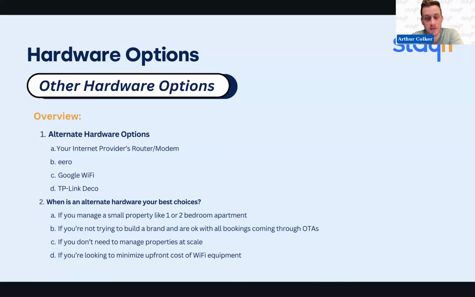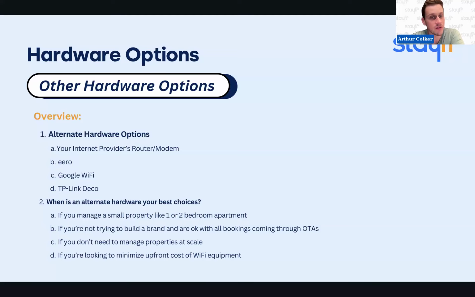If you don't need to manage properties at scale, you can manage one or two networks provided by these different types of devices, and they can be different, and you don't need one pane or one window to see the status of all of these devices. And then also, if you don't want to spend any money on additional Wi-Fi equipment, that's totally fine. There's just going to be more limitations about what you can do with it.